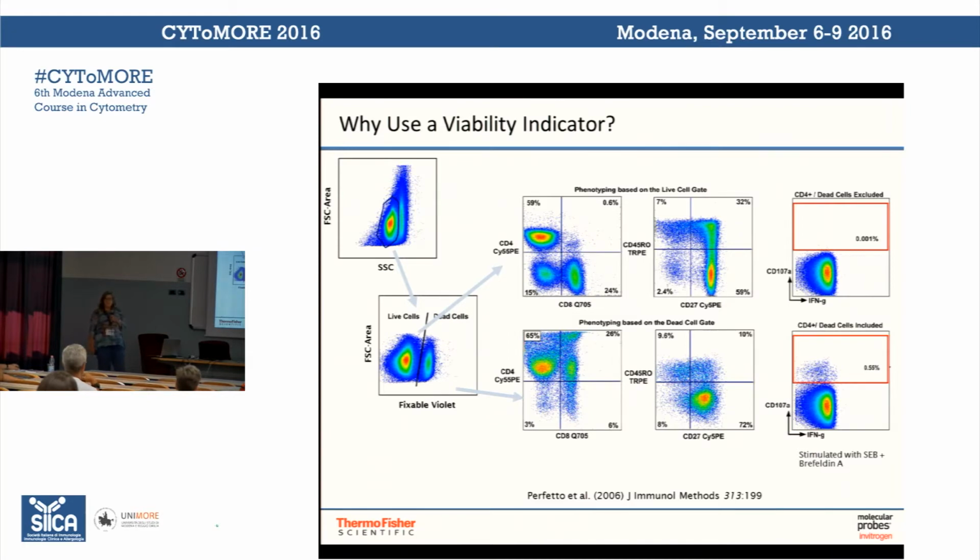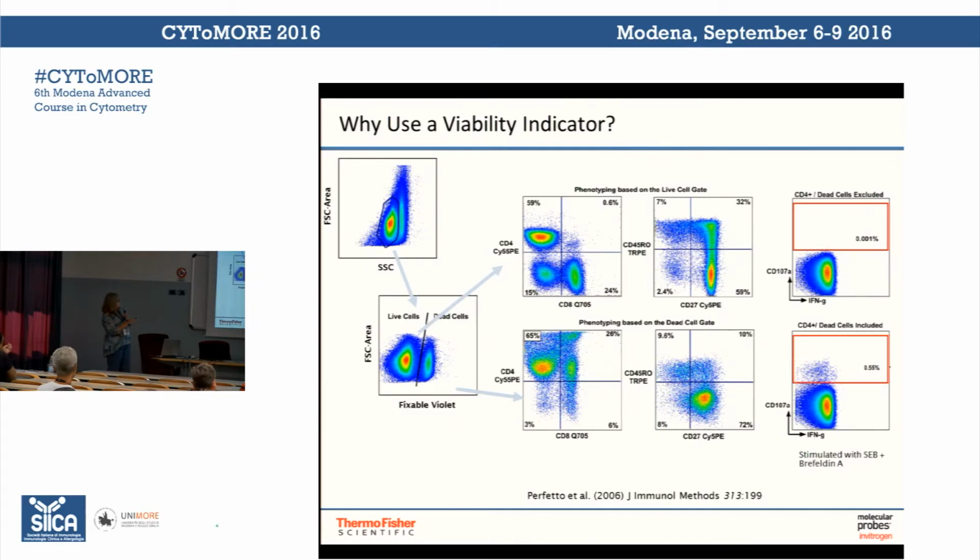So this is one of the seminal papers. It's a little bit old, but it's from Steve Perfetto and the Mario Roederer lab. So they did a lot of studies looking at their PBMCs, and they gated on their scatter parameters for the identification of dead cells. And after a while, they started questioning these results, and so they did a little study.